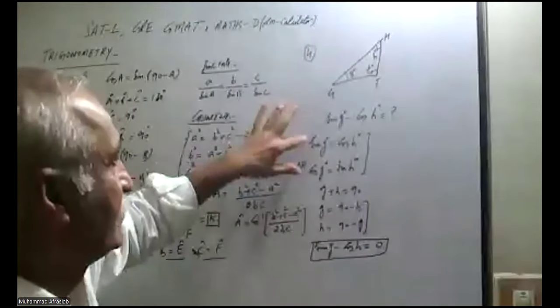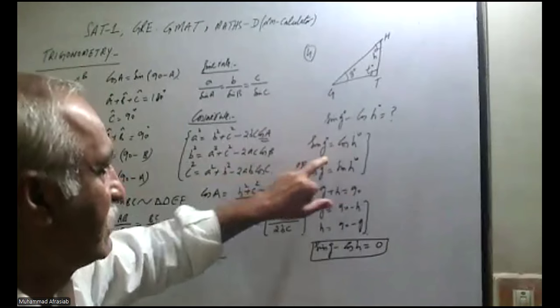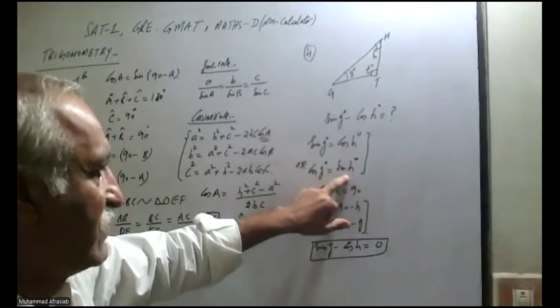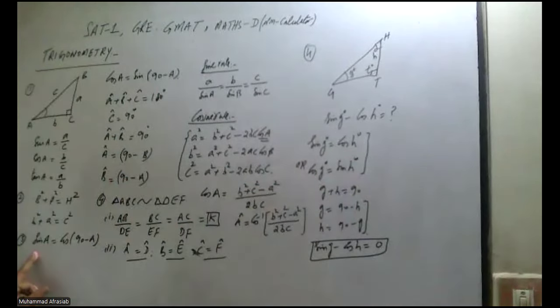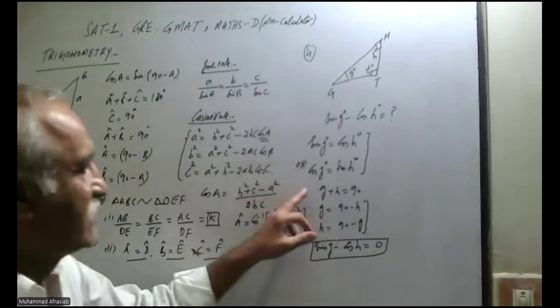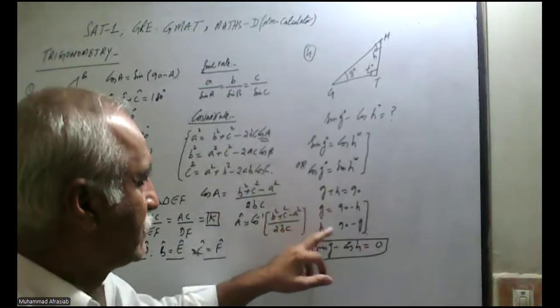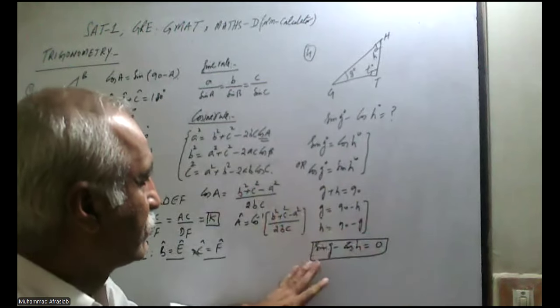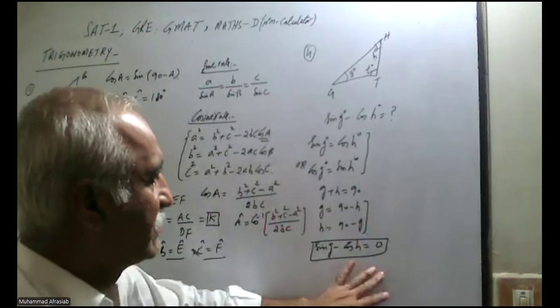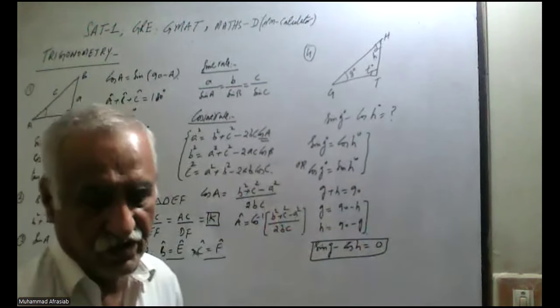Sine of G is equal to cos of H, or cos of G is equal to sine of H. This is the property sine of A is equal to cos of 90 minus A. So G plus H is equal to 90. So G is equal to 90 minus H, or H is equal to 90 minus G. So sine of G minus cos of H is equal to 0 there.